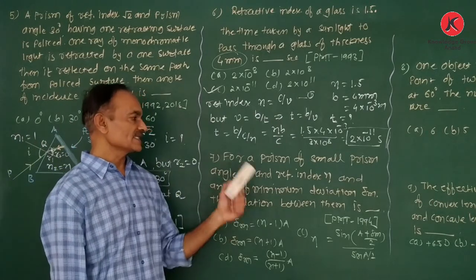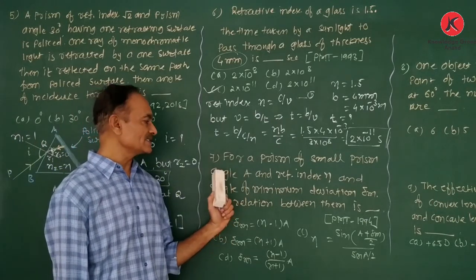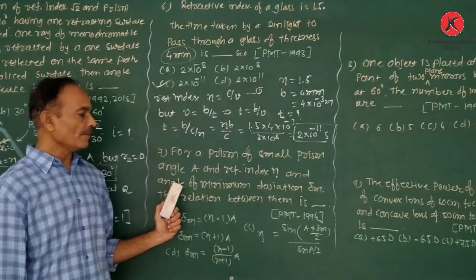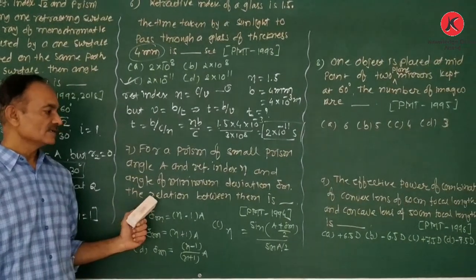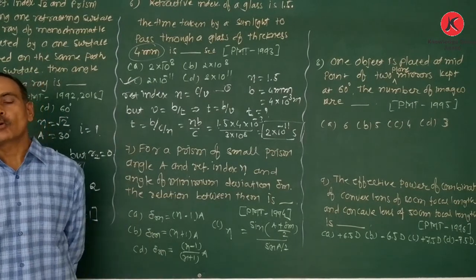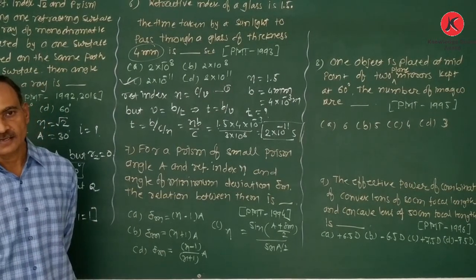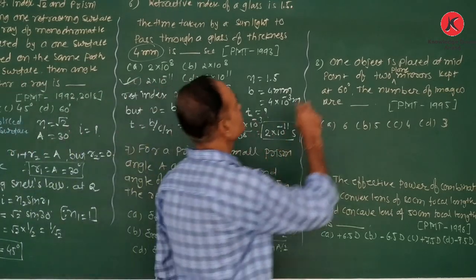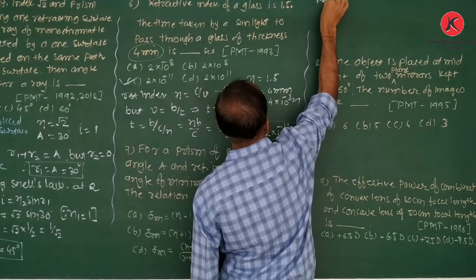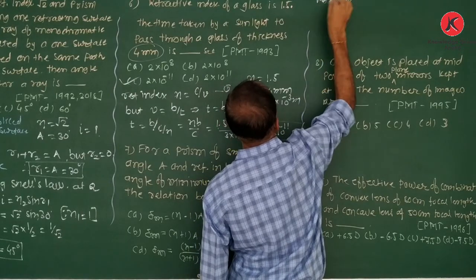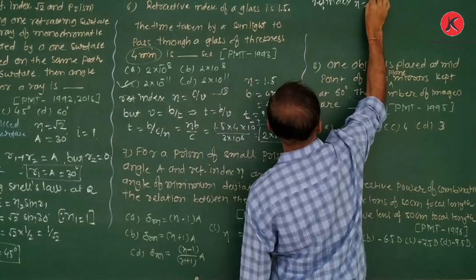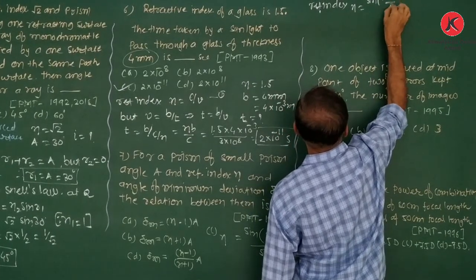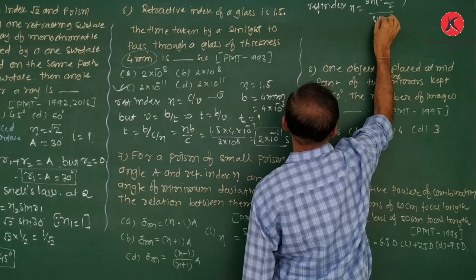Now, next is, for a prism of a small prism angle A, and effective index n, and angle of minimum deviation delta m, the relation between them. Already we derived this equation in theory portion, because the effective index n is equal to sin((A plus delta m)/2) upon sin(A/2).